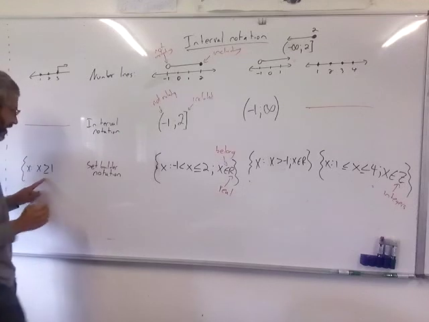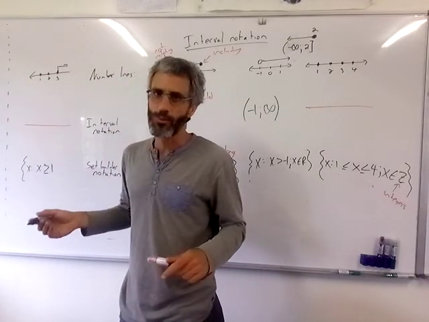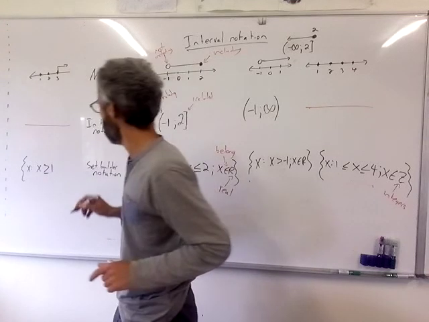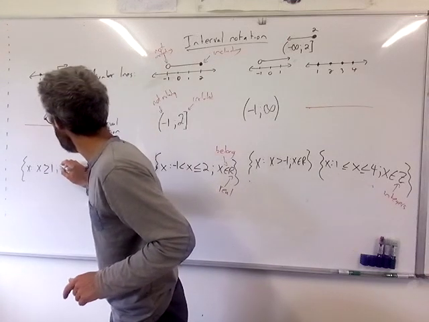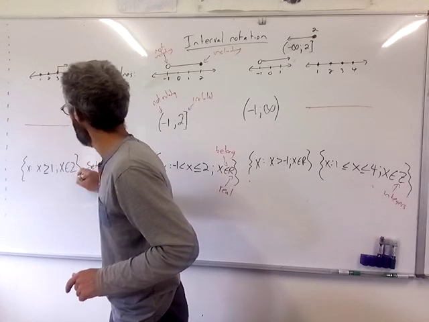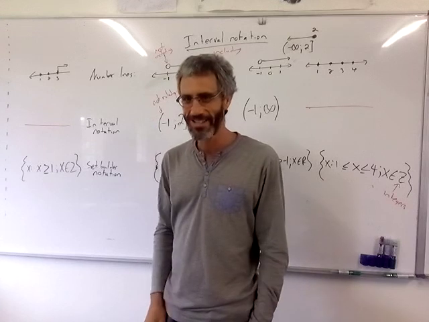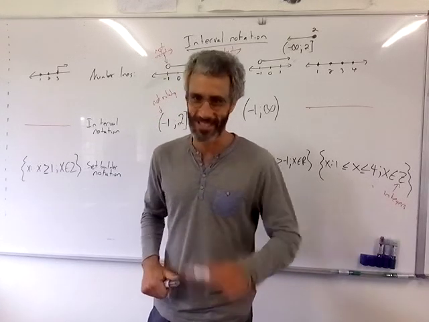I don't have x smaller than anything because it carries on forever. But I need to mention that x belongs to Z, where Z are the integers. Okay, now you're ready to do some exercises. Good luck.